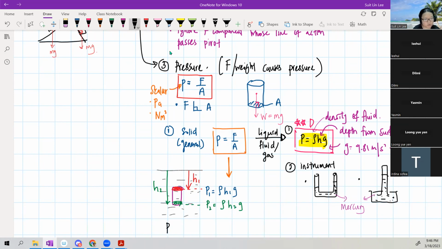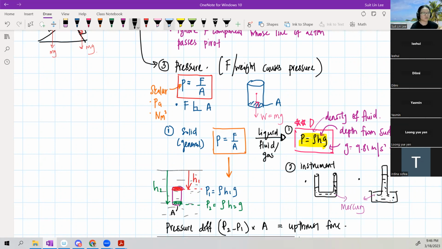It is very important to know that it is the pressure difference, P2 minus P1, multiplied by the area. Area is obviously the area of the cylinder, that is equal to upthrust force. Force is pressure times area. So upthrust is due to pressure difference.